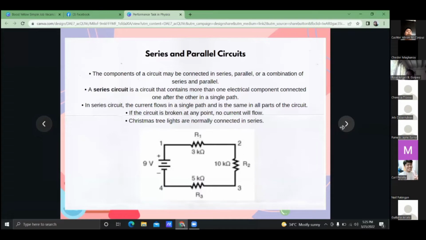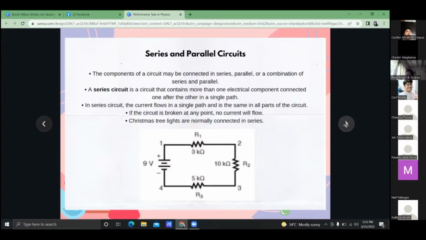To find the current flow of the circuit, we use Ohm's law, which is voltage equals current times resistance. Then after getting the formula, we substitute all the values. When we get the voltage, which is 9, and the resistance, which is 18, we will have 9 amperes, which travels through the whole series circuit.